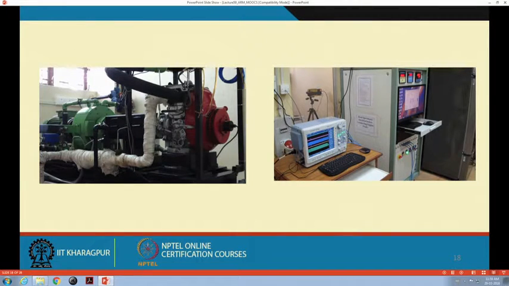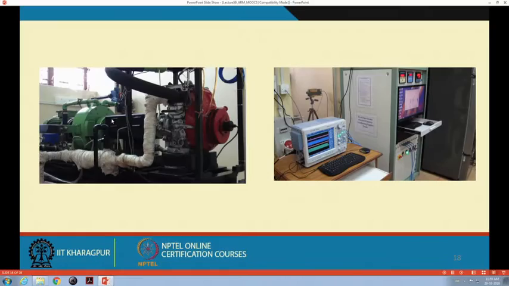In such a data recorder, this is another lab, another engine, the single cylinder engine. Of course, you can see a motor here. This could be fired off from the internet, provided you have prior permission. You can request me to give you prior permission with an allotted time slot. For some registration fees, you will be allowed to see the signals.